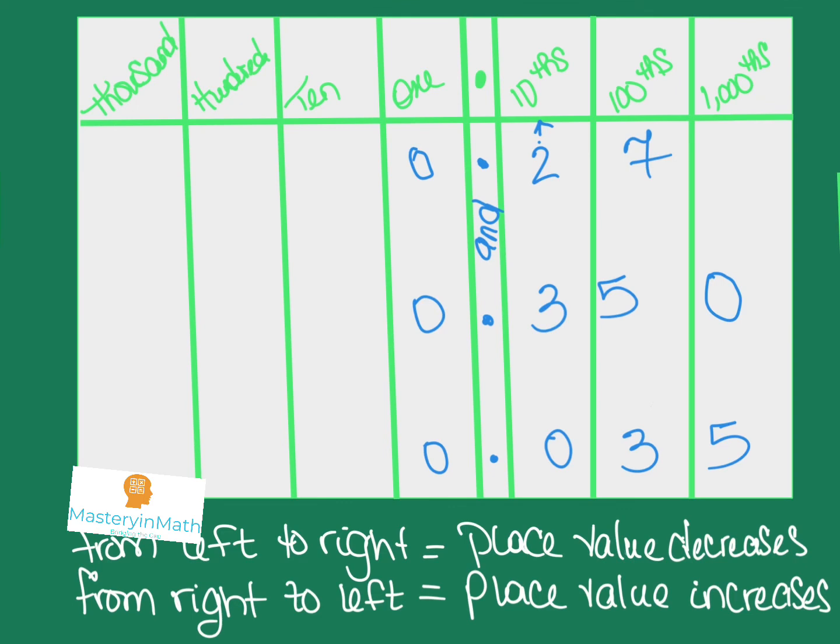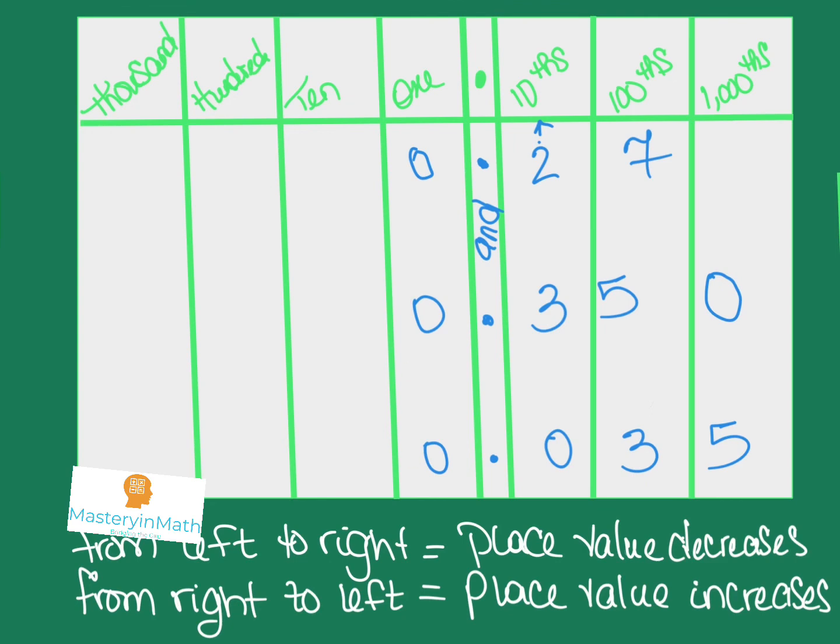All right, so when you are comparing them, you can use your place value, but you don't have to use your place value. I can show you how you would do this without using the place value. So compare it from left to right. First, you go digit by digit, place value by place value. So you compare this 0 to this 0 to this 0. And you will see that there's nothing going on here.